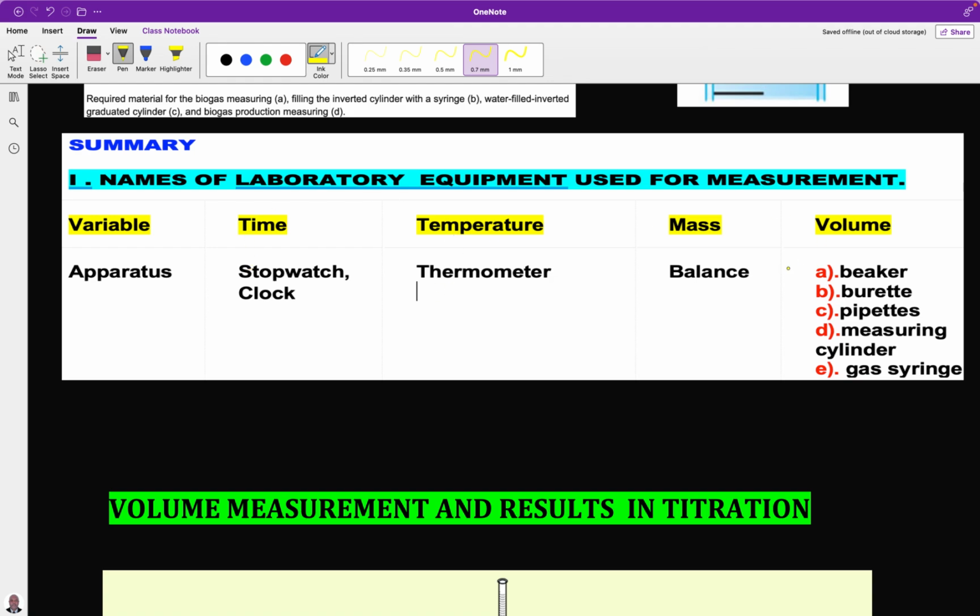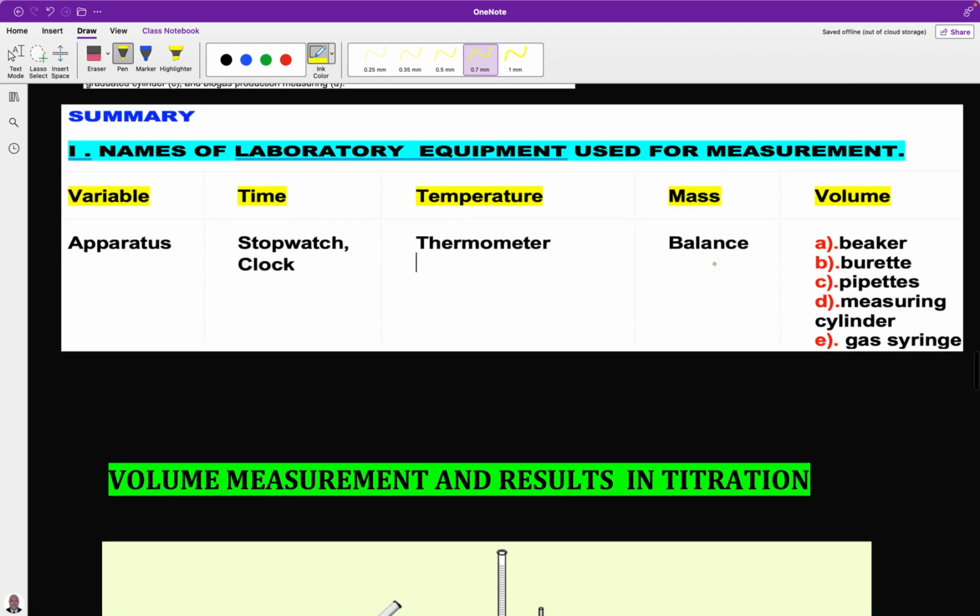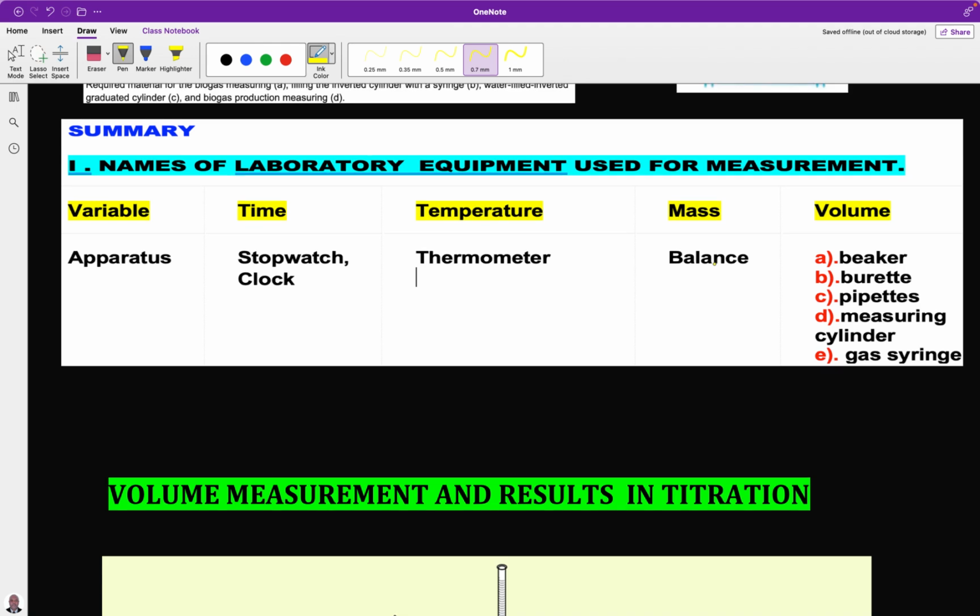We have a digital balance that is used for the measurement of mass. For the measurement of volume, both volumes of gases and liquids, we have beaker, we have burette for accuracy, we have pipette for accuracy, we have measuring cylinder, and we have the gas syringe for the measurement of gas.